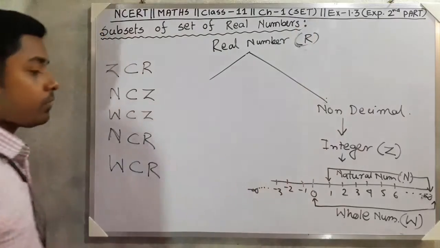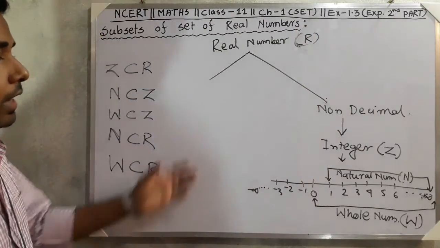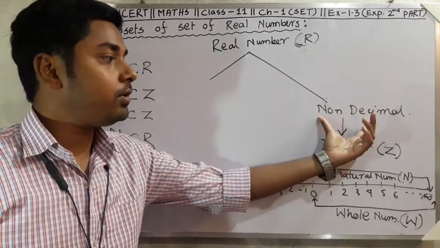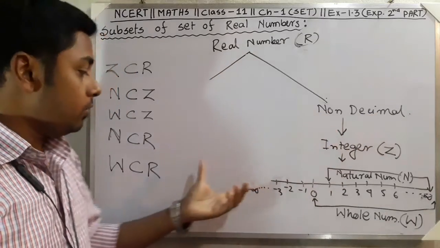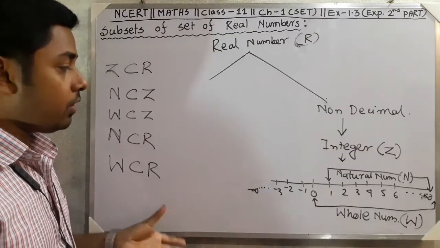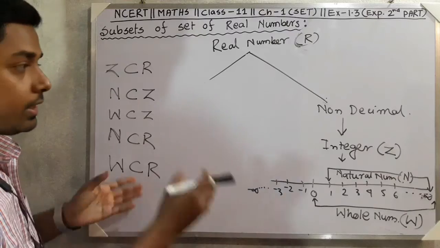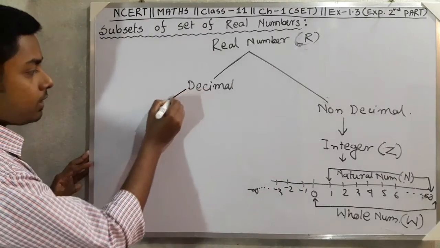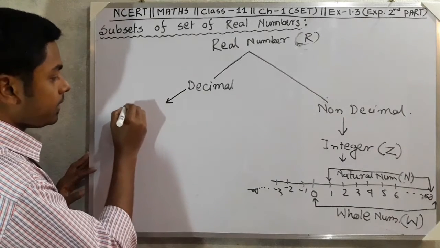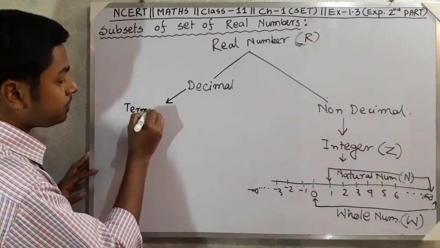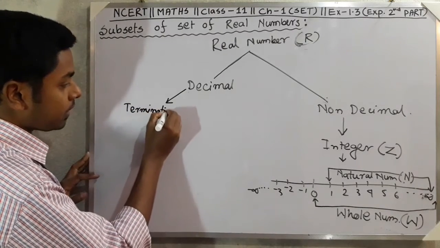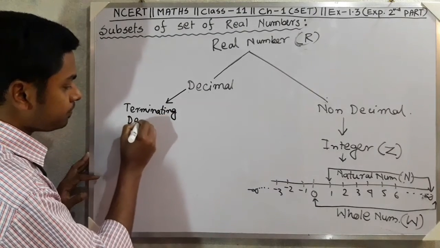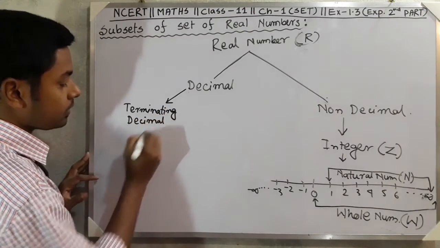R. Okay, so now we have discussed all the things of non-decimal. Now first of all you will pause the video and note down all the things, then we will discuss what? Decimal. So in decimal we can take what first? Terminating decimal, that means what?